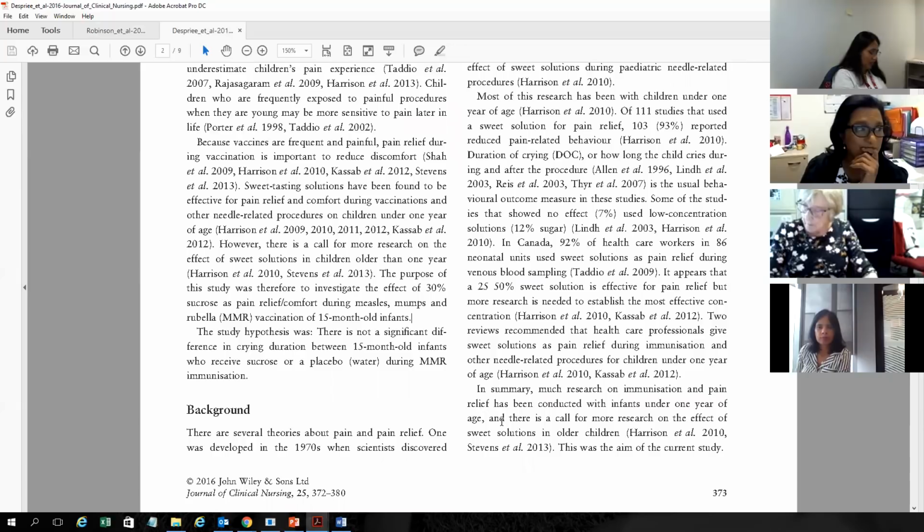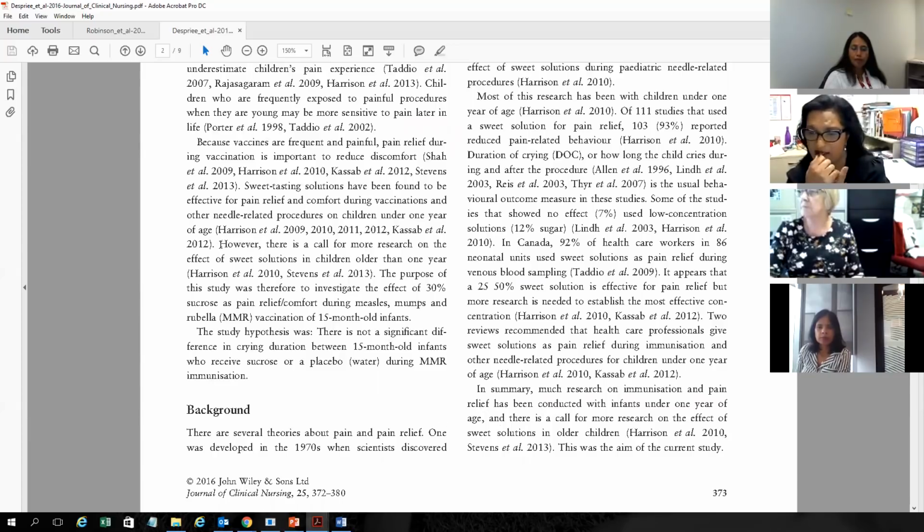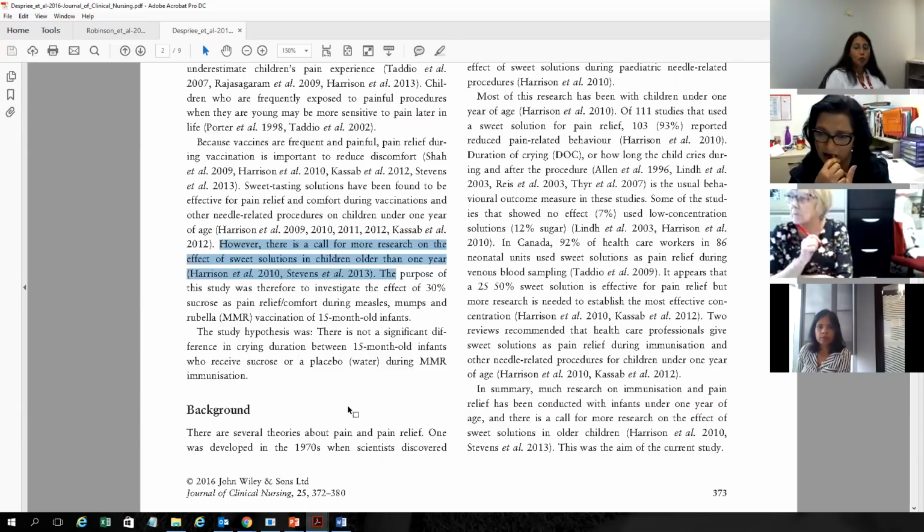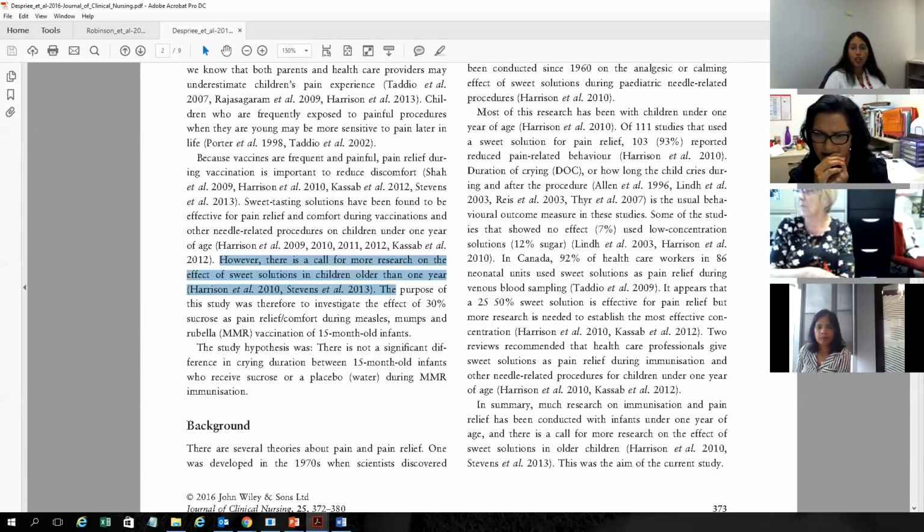What is the significance of this study? There is a call for more research on the effect of sweet solution. So there is research, but there is a call for more research. Most of this research has been with children under the age of 1.